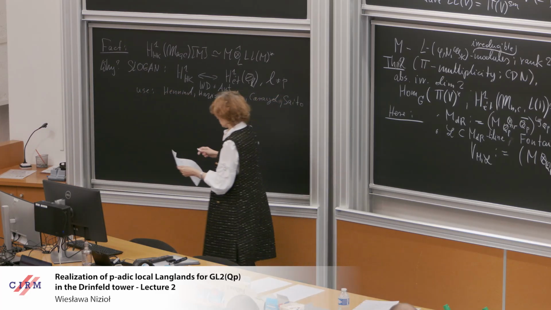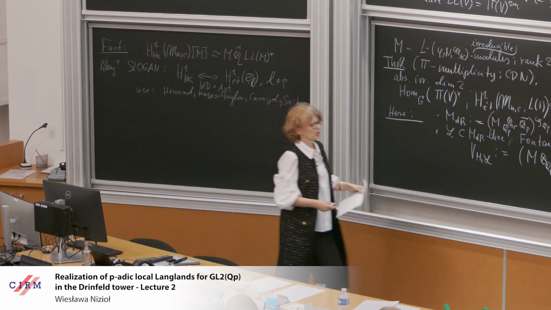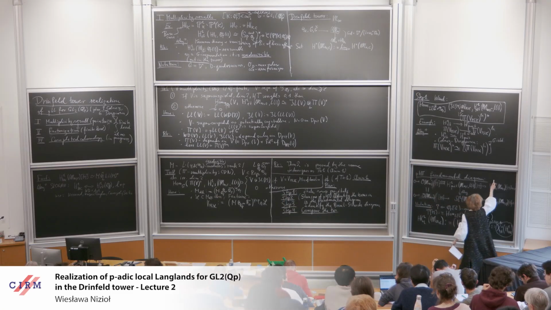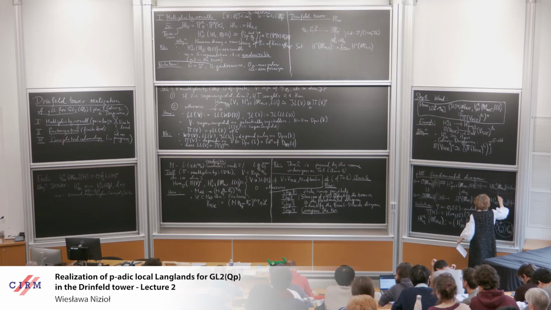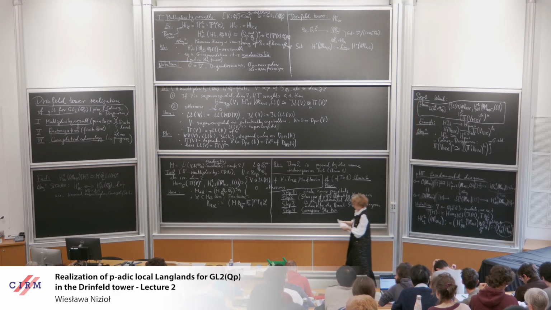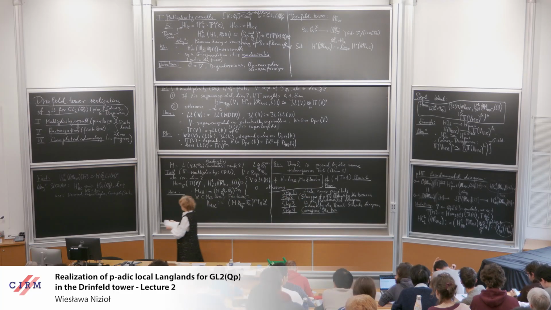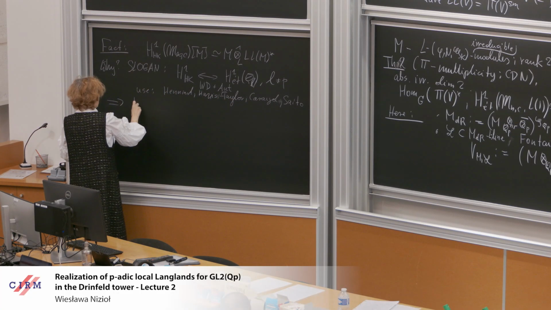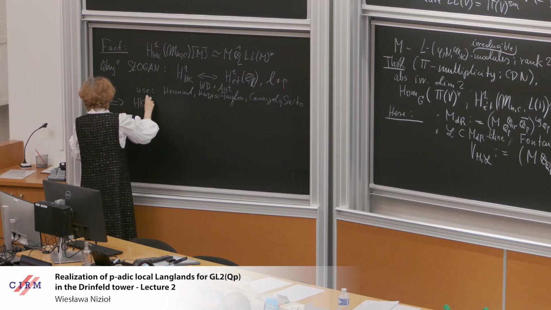And that's very good because we are trying to compute this thing here. So we are trying to identify this object, Hyodo-Kato, and this basically allows us to do that. So we have Hyodo-Kato 1, 1.